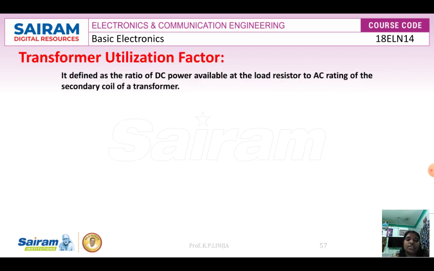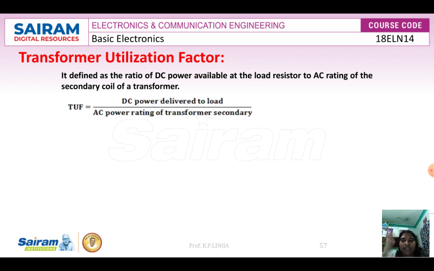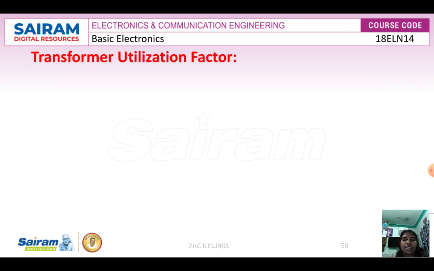Now let us discuss the transformer utilization factor. The transformer utilization factor is defined as the ratio of the DC power available at the load resistor to the AC rating of the secondary coil of the transformer. It can be defined as the DC power delivered to the load over the AC power rating of the transformer secondary, so it is PDC by PAC rated.